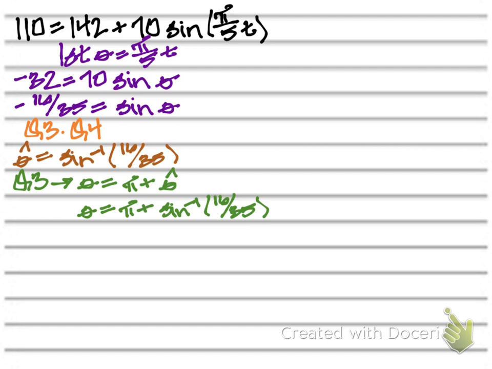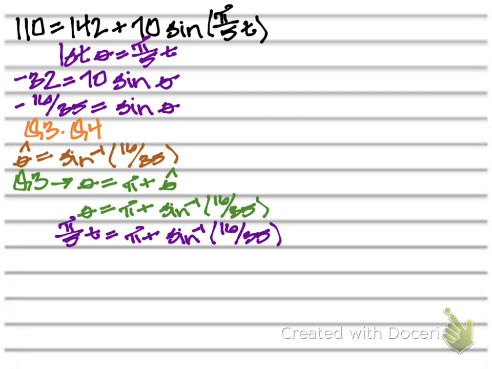And if we want to, we can go ahead and make our substitution here instead of doing both angles out at the same time. So we could say that pi over 5t is pi plus the inverse sine of 16 over 35.